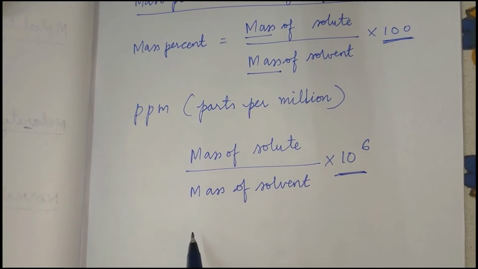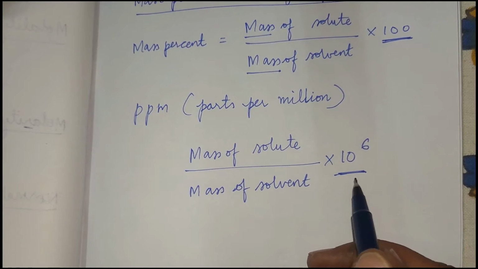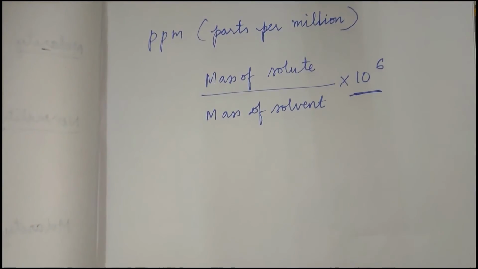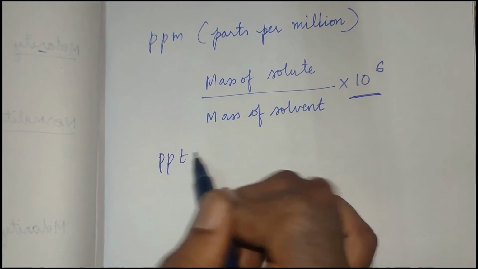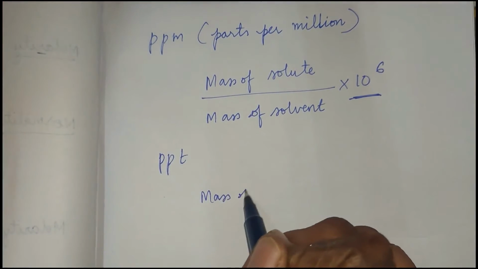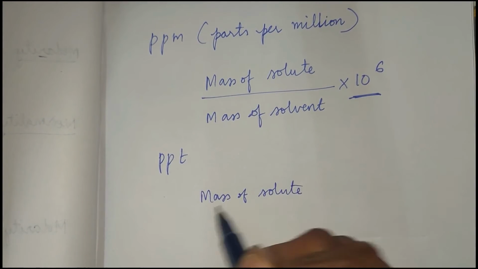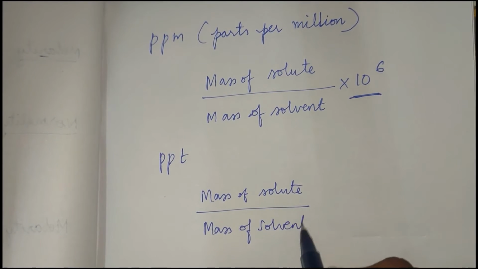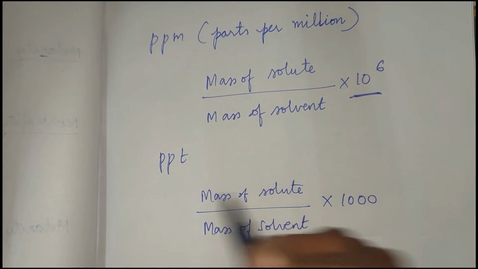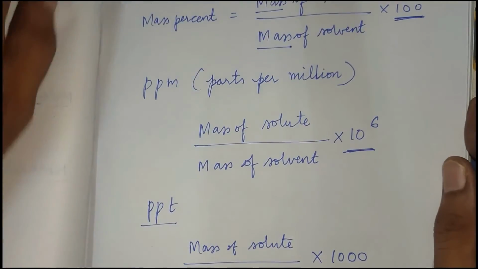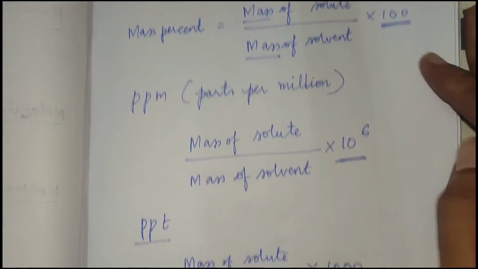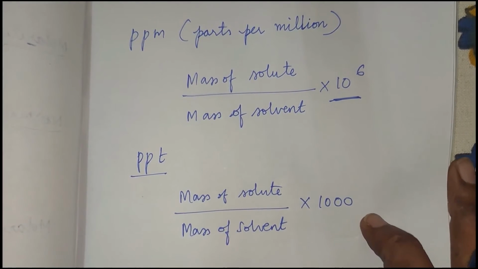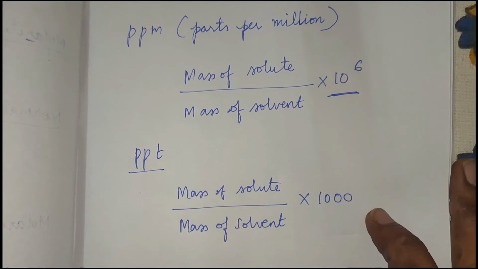So if you want to express it in parts per million, you have to multiply by 10 power 6. If you want it in percentage, multiply by 100. If you want to express it in parts per thousand, then mass of solute by mass of solvent into 1000. So in which way you are going to express? In percentage, 100; in parts per million, 10 to the power of 6; in parts per thousand, 1000. So that is the difference, right?